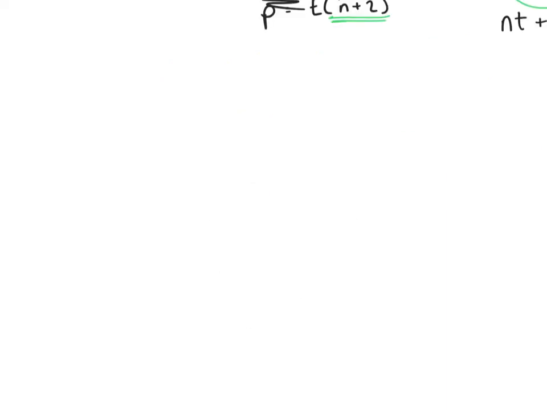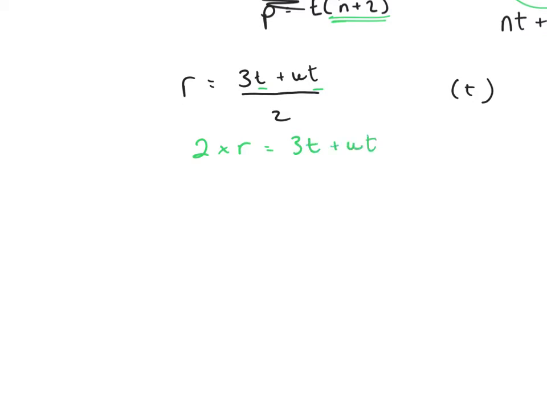Okay, example 2, we've got r equals 3t plus wt over 2, and again we're changing the subject of the formula to t. You can see again this is an example where we've got more than one term with t, so that's going to involve the factorising. But first of all we get rid of divide by 2 by multiplying by 2. So 2 times r is equal to 3t plus wt.